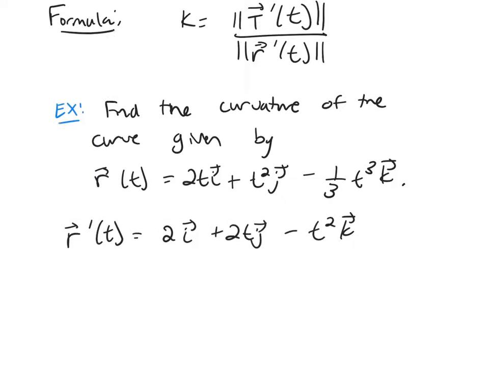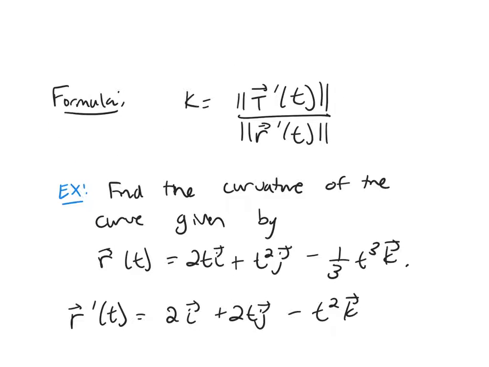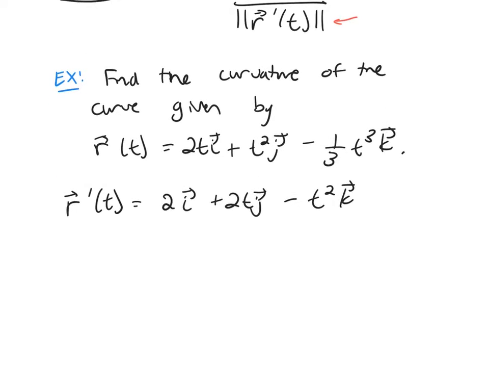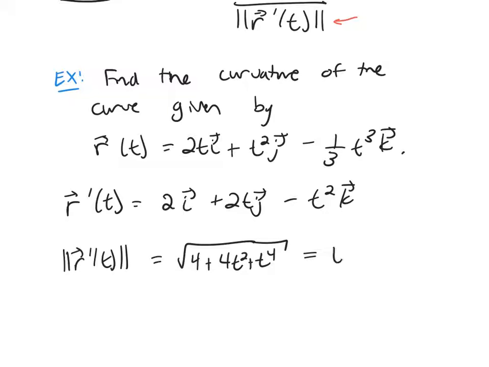And if I look in my formula, I'm going to need the magnitude of r prime. So just like I did last time, I'm going to find the magnitude of r prime. And if you remember in that last video, we found out that it was the square root of 4 plus 4t squared plus t to the 4th, which we showed was the same thing as t squared plus 2.